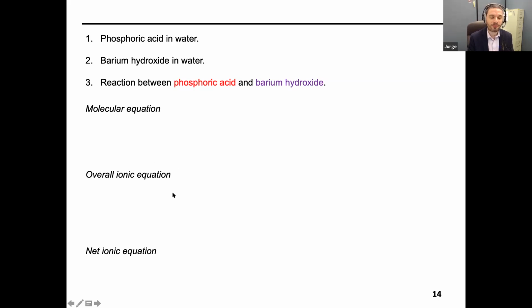And if we have any spectator ions, we may cancel them and they will not show up in the net ionic equation. I always like to start with the molecular equation, then move on to the overall ionic equation, and the last one would be the net ionic equation. We did some examples last week.